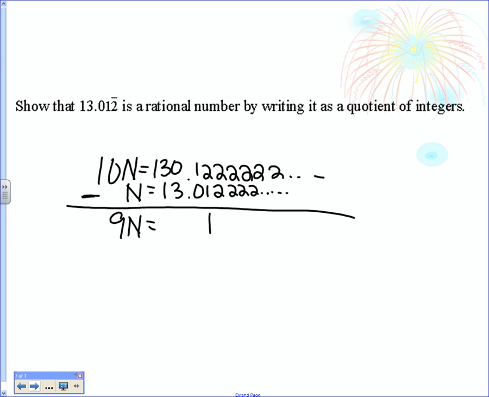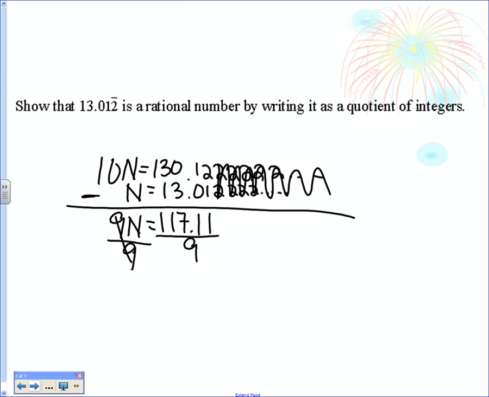We get a 1 there, but do these cancel out? And these cancel? All of those cancel. Does that make sense? So we have 1 and then what number? 117.11. Now what? Divide by 9.